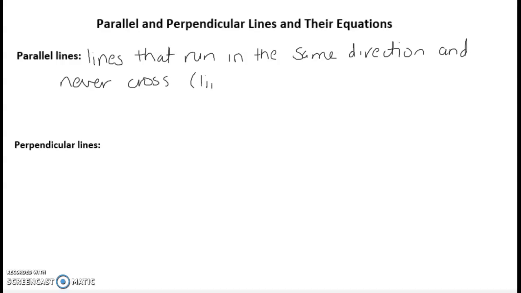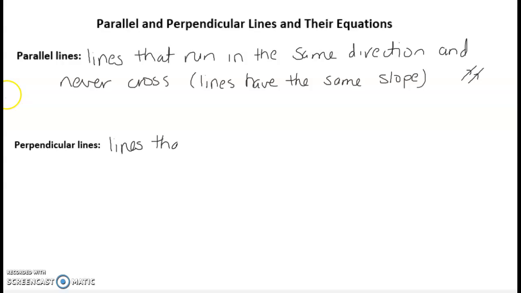So in brackets, these lines have the same slope. Okay, so it'd be like boom, and never ever cross. Okay, perpendicular lines are lines that intersect at right angles.